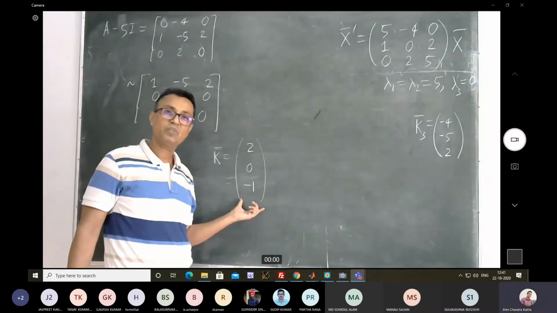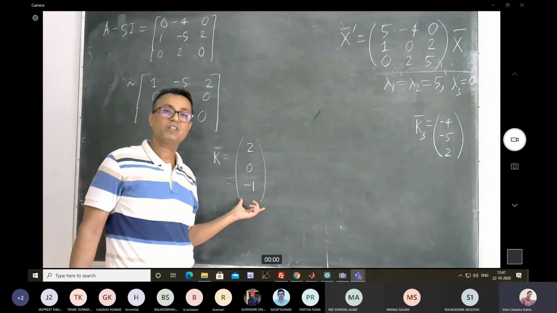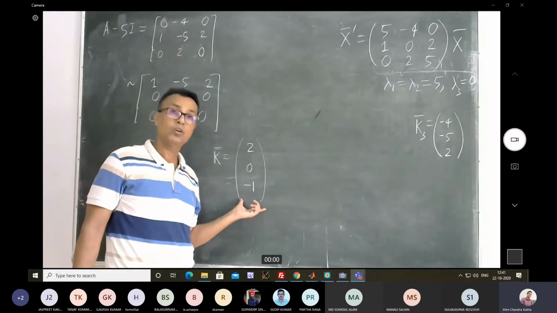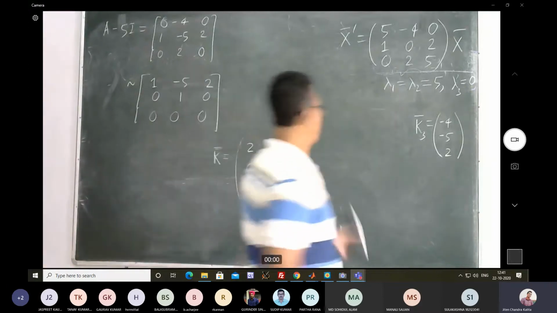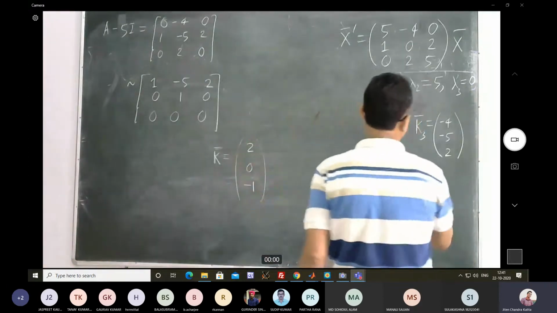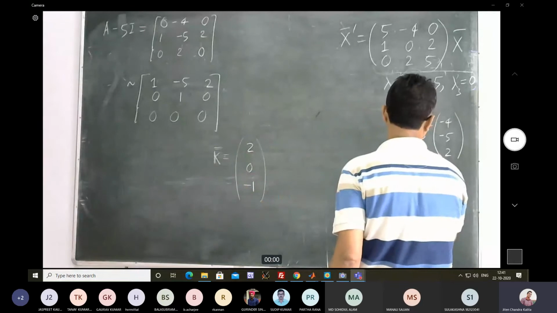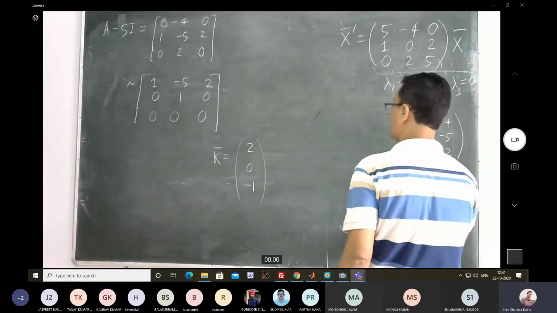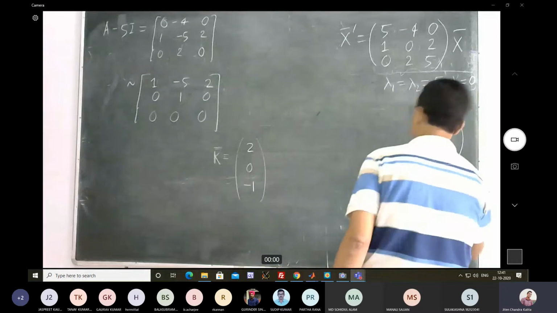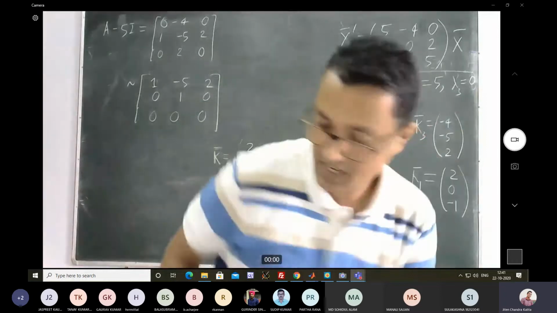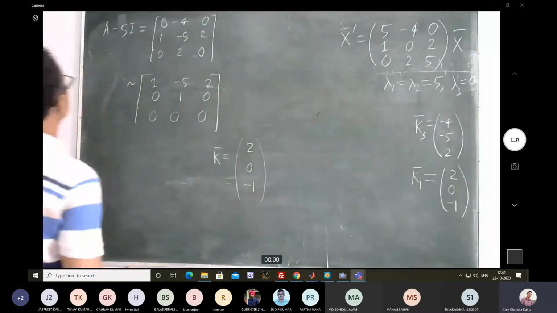Now I think you can appreciate the difference. What is the difference between those two situations? Although both situations led me to repeated roots, fine? So now let me call this K1. K1 equal to 0 minus 1. That is good enough for me. So let me keep that information intact.